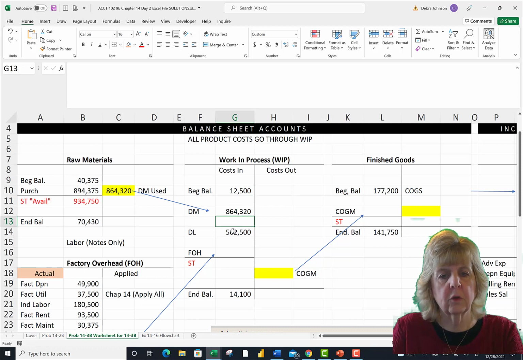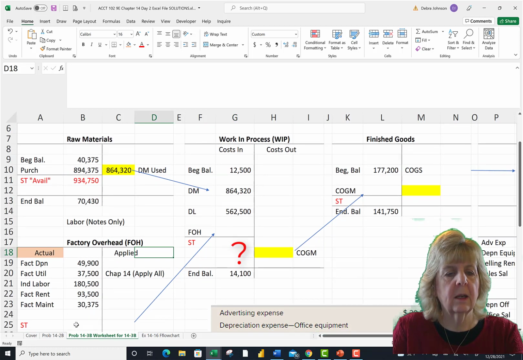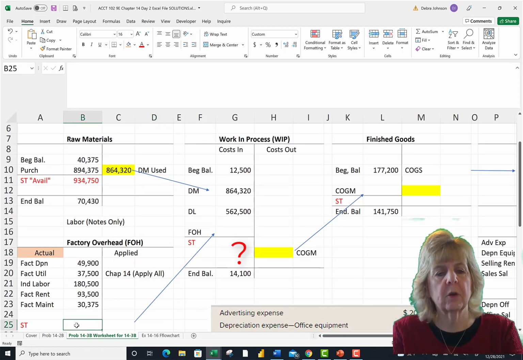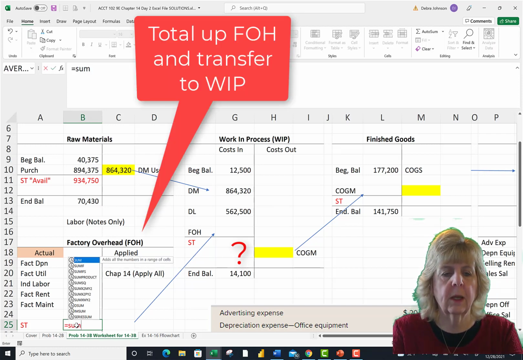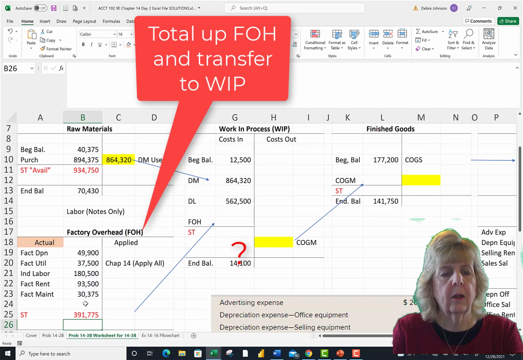We already have direct labor, so what's missing on our WIP account is the factory overhead. For ease of understanding, in this chapter, all we're going to do is total up the factory overhead, again notated by my red ST for subtotal. I'll add those 5 line items up.